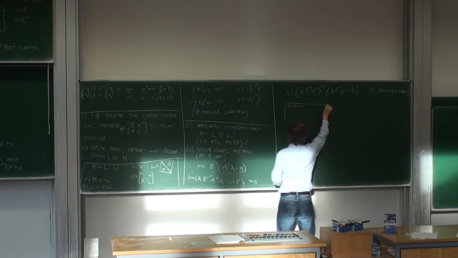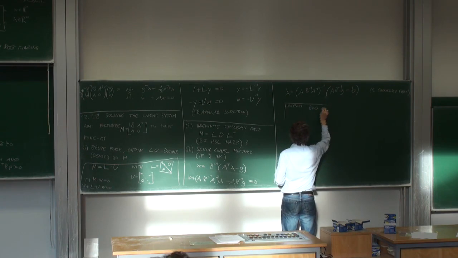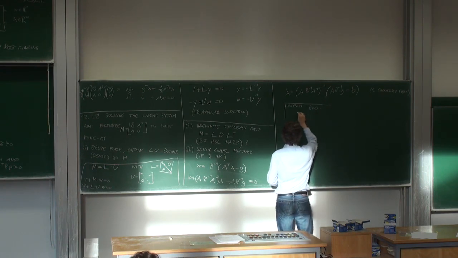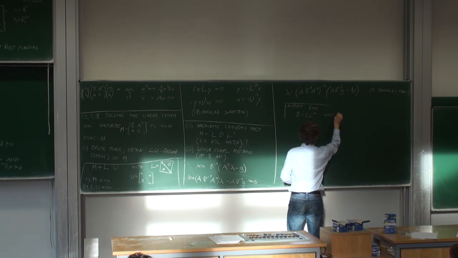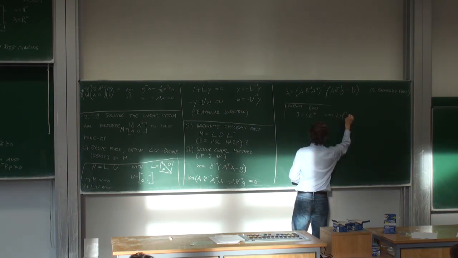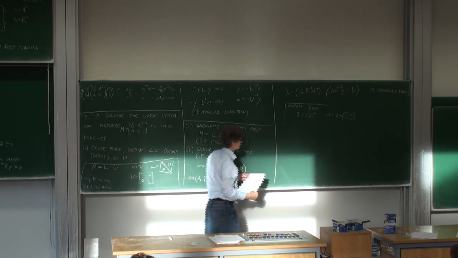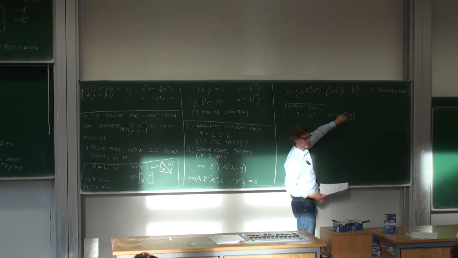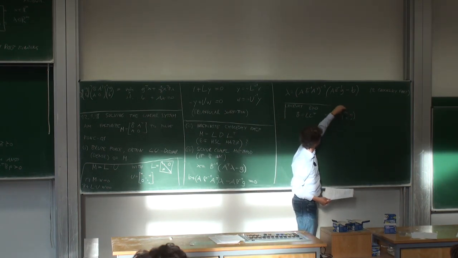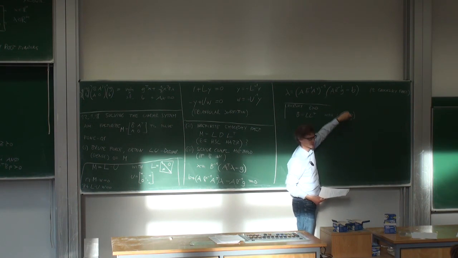It's something applicable to symmetric positive definite matrices, and then you can write B as L L transpose, with L being something which has entries only on the lower triangle part of this matrix, but possibly non-one entries on the diagonal.